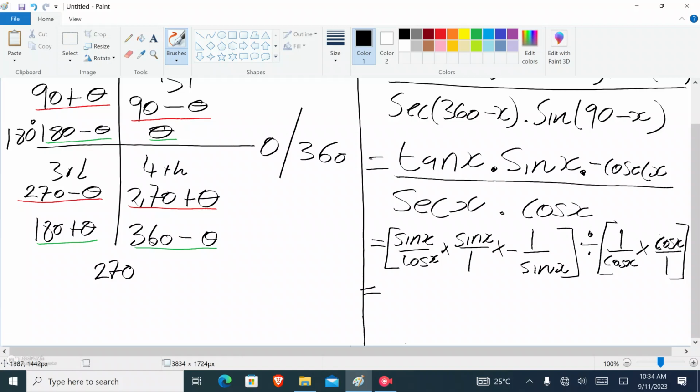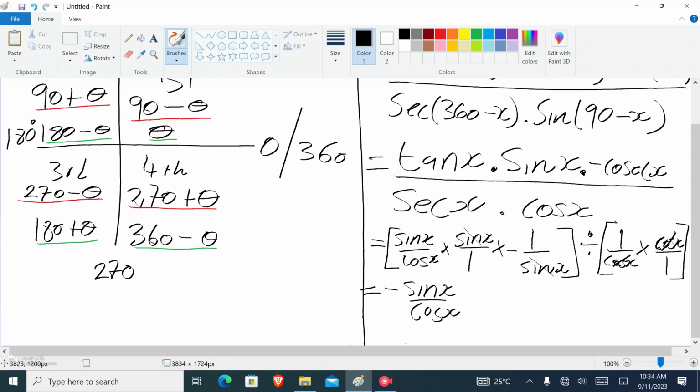Since we are multiplying in each bracket, sine divided by sine is going to give you 1, multiplied by everything here. Do not forget the negative sign here. So it's going to give you minus sine x divided by cos x.